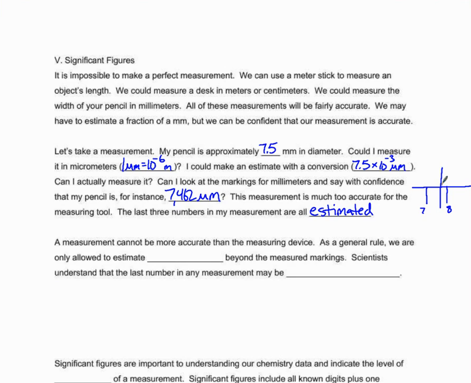Maybe 7.6, maybe 7.7, maybe 7.8. But I don't think it's 0.5. But the last digit is estimated. That's really up to the person who's doing the measuring. So a measurement cannot be more accurate than the measuring device.